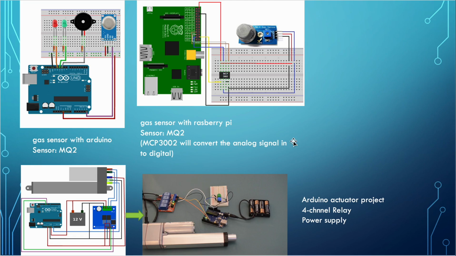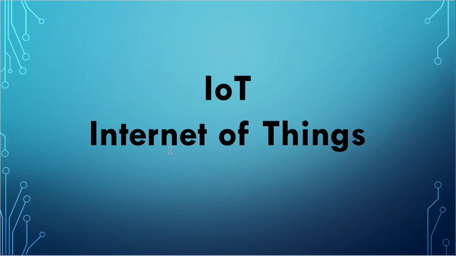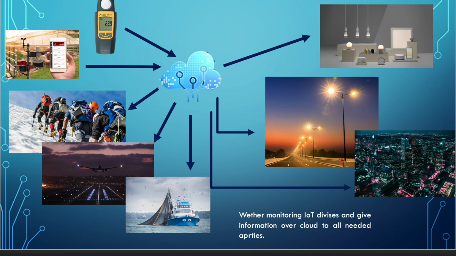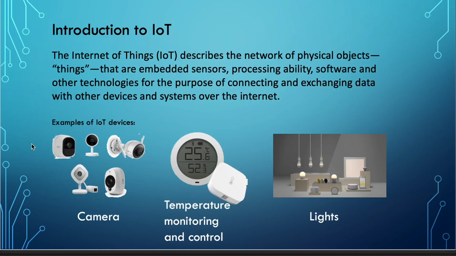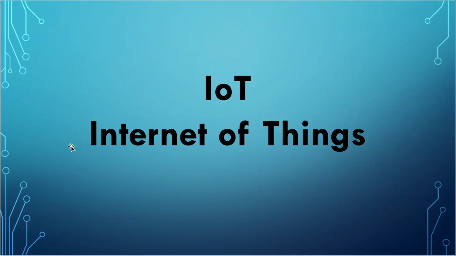Now in today's lesson we will be looking at the examples we looked at earlier. That means these IoT devices, right? And try to recognize the sensors, actuators, and the embedded system, the processing power available for each and every device.